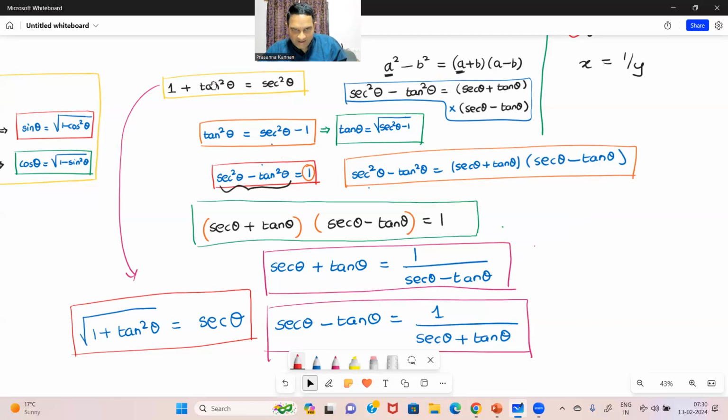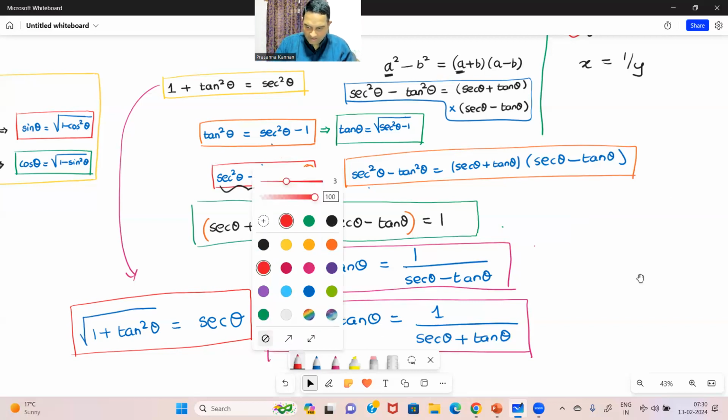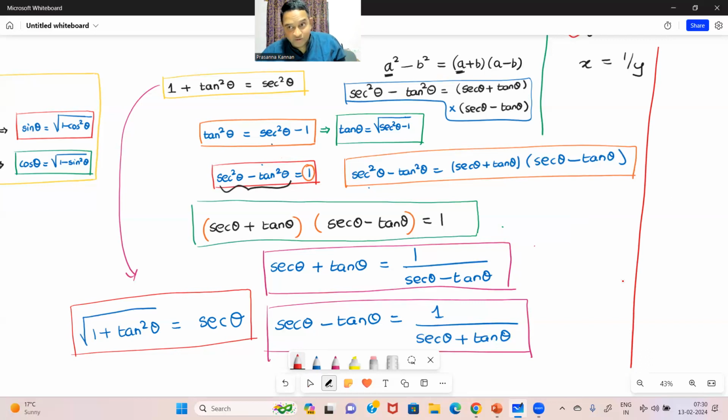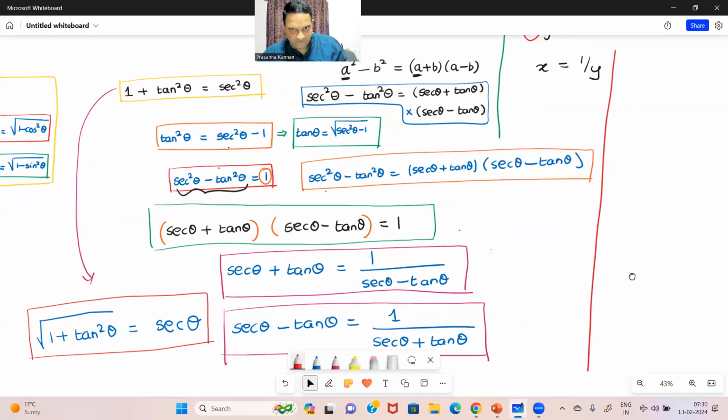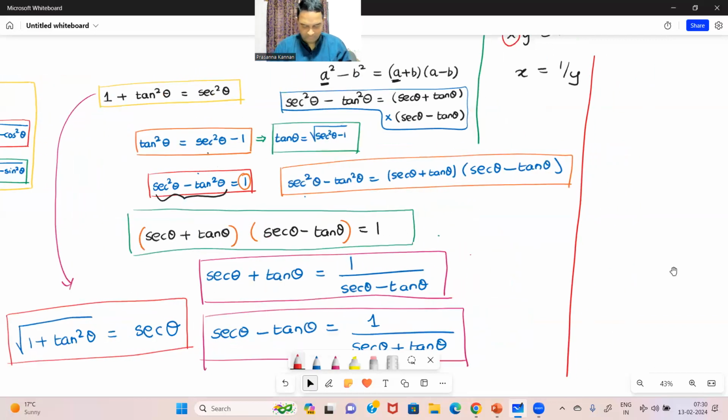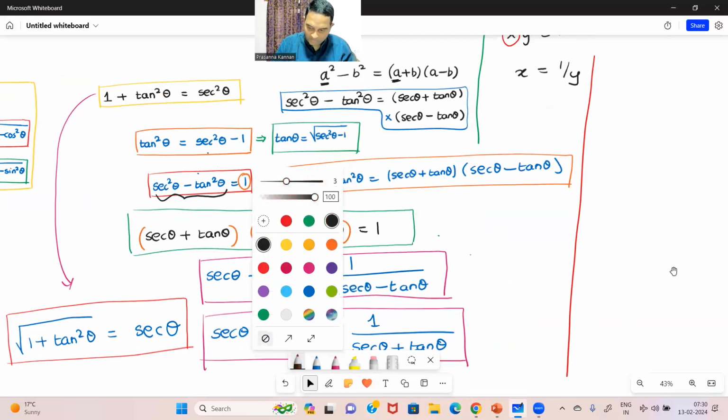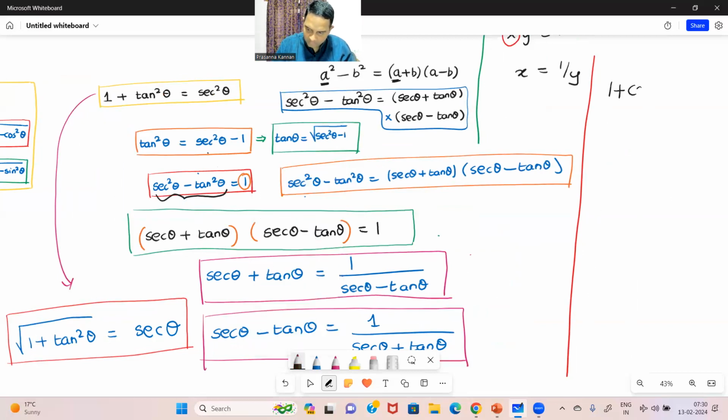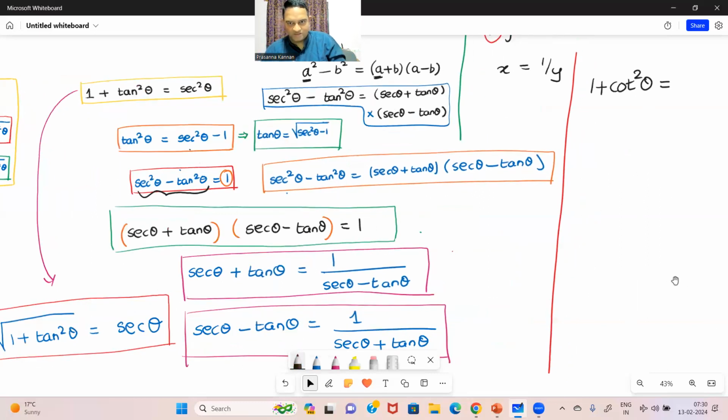And like this for tan theta and secant theta, I have derived this formula, right? Like that, we have one more third formula, right? For that, I want you to derive it. You try. Okay? What is the third formula? Cosec square theta is equal to 1 plus cot square theta. Correct.